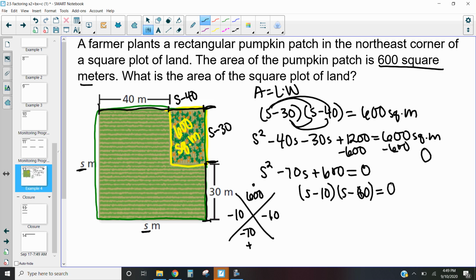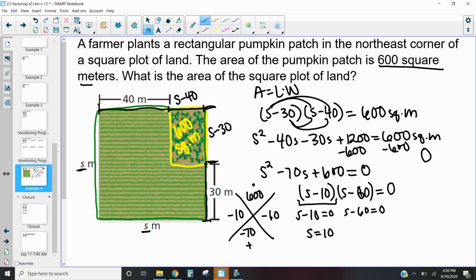Now remember, we talked about how we can solve these polynomial equations in factored form. All we have to do is take each piece and set it equal to 0. So I have S minus 10 equals 0 and S minus 60 equals 0.